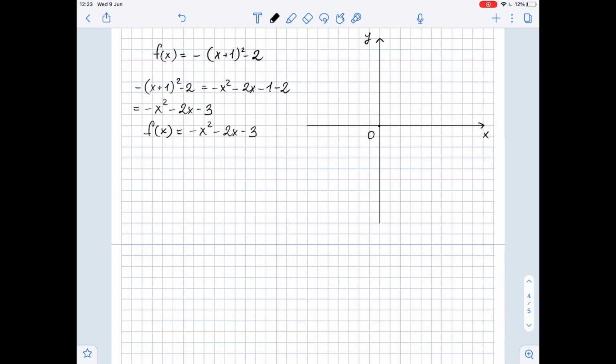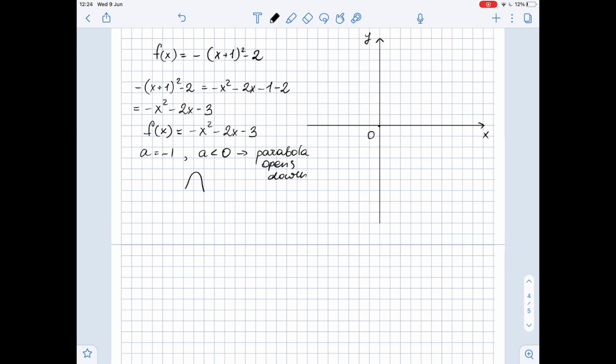So here the coefficient before x squared is equal to negative 1. That means that a is less than 0, and that means that the parabola opens down. So basically it will look like this.